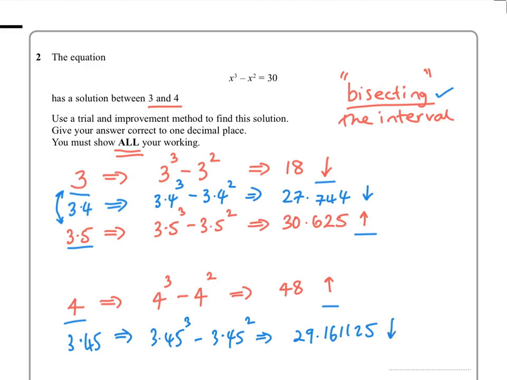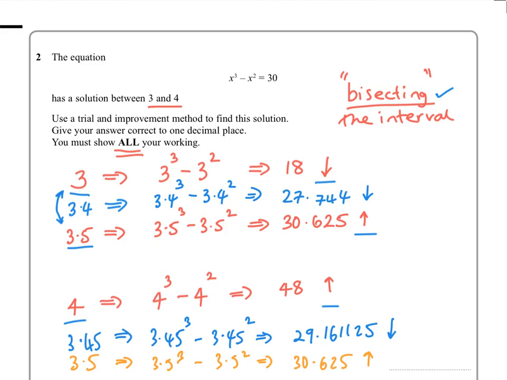So if you think logically now, if we had 3.5, which I'll write in orange here, and that gave us this situation, which is 30.625, then what we can safely say is, and that was too much, we can safely say that 3.46 could be even closer, 3.47 and so on.